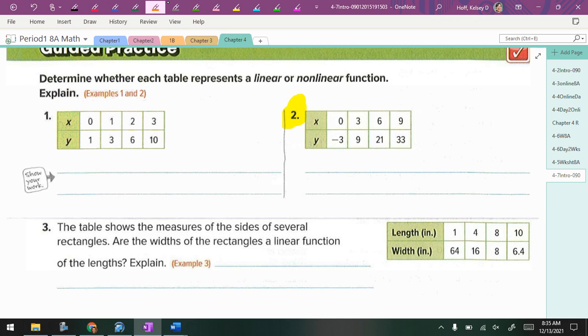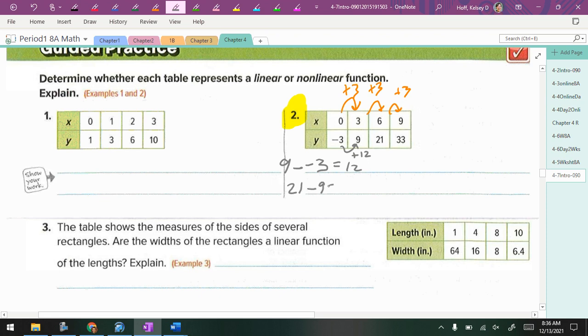Do you guys remember how to do this? The top one's easy, right? Plus 3, plus 3, plus 3. It's the bottom one that gets us a little mixed up, right? When you type this in your calculator, 9 minus negative 3, 12. So that means I really added 12. 21 minus 9 is 12. 33 minus 21.